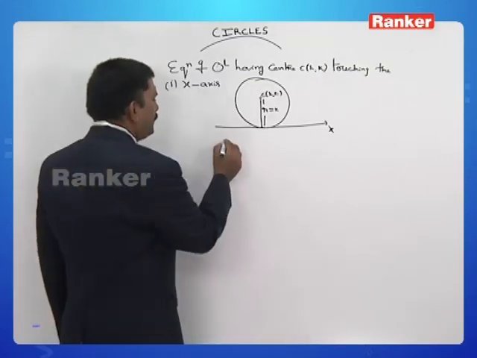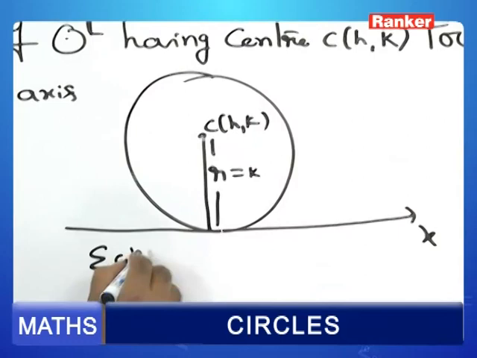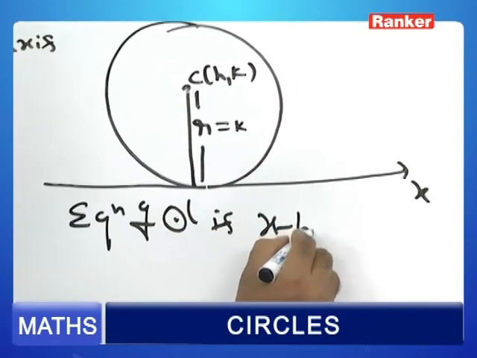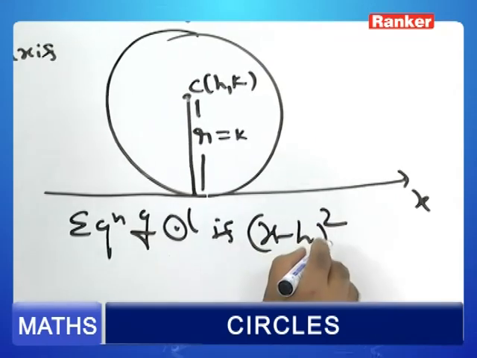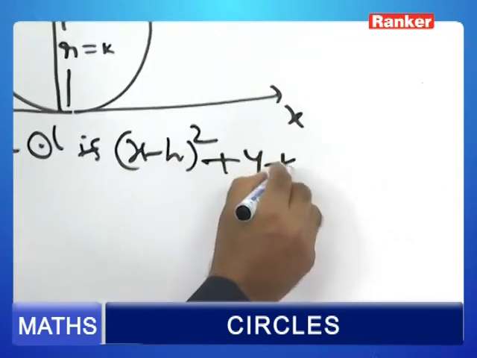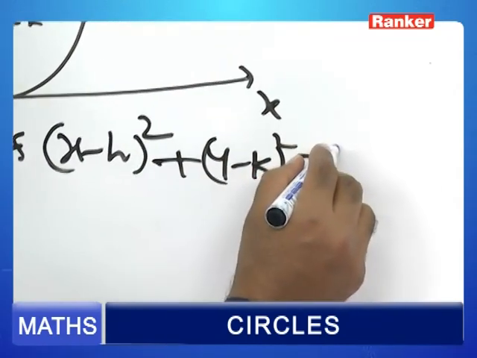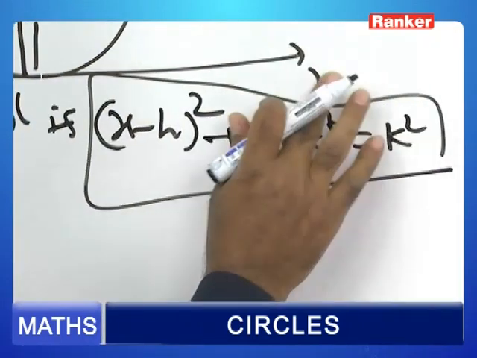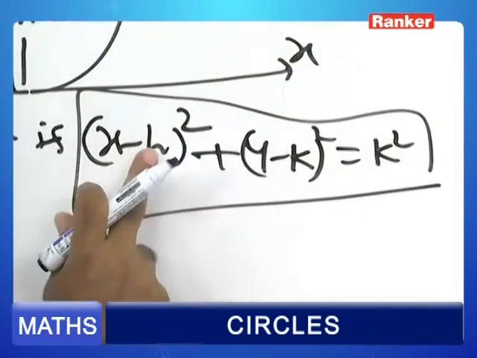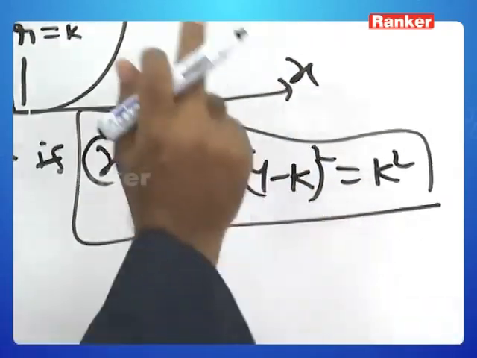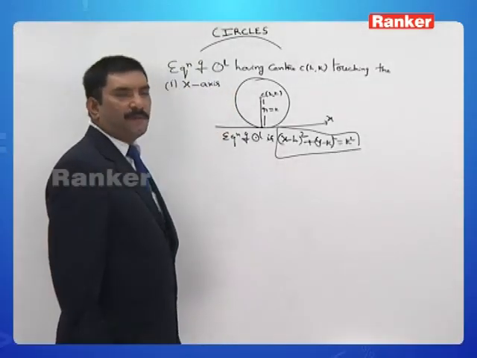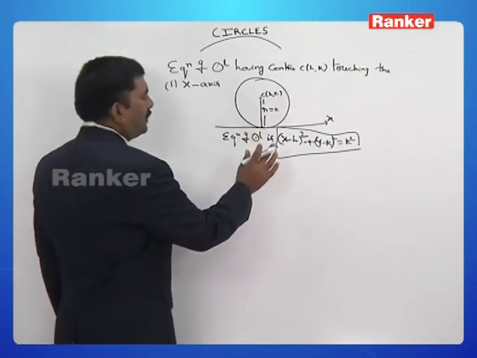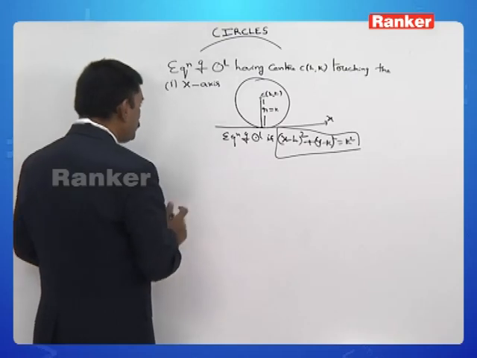The equation of the circle is x minus h whole square plus y minus k whole square is equal to k square. So this is the equation of a circle touching the x-axis.